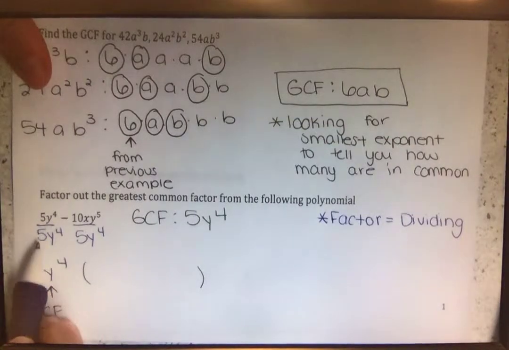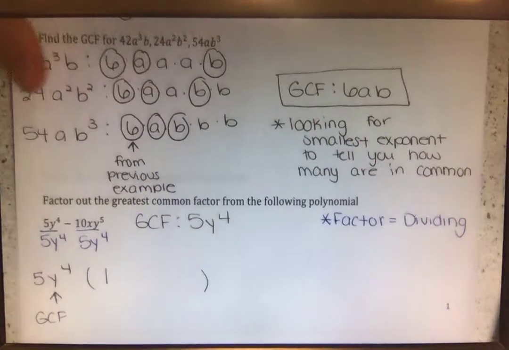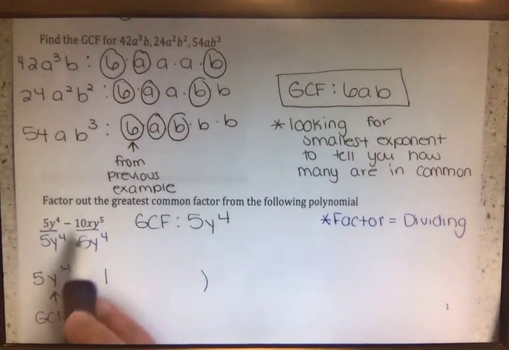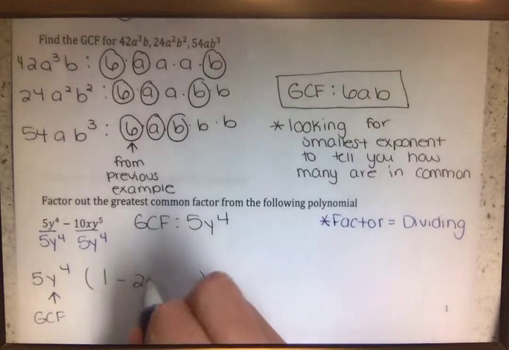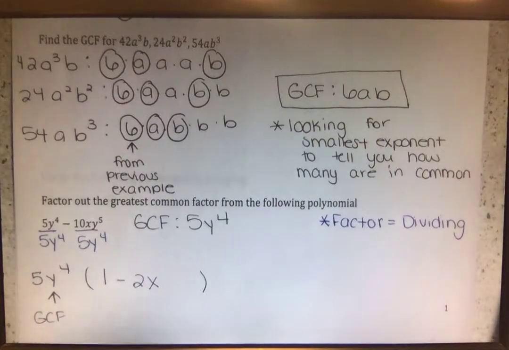So 5y to the 4th divided by 5y to the 4th will give us 1. 5 divided by 5 is 1. We have 4y's. We're taking away 4y's, so no y's are left over. Negative 10 divided by 5 will give us negative 2. 1x is on top. We have 5y's. We're taking away 4y's, so we have 1y left over.